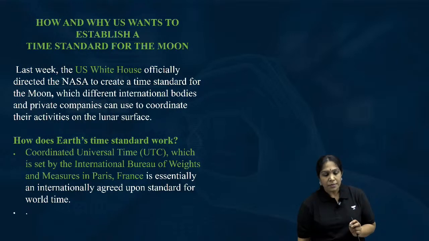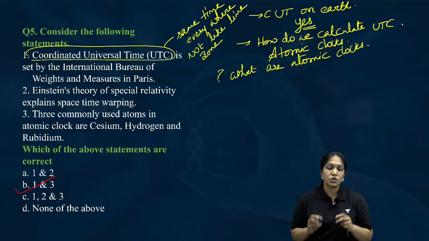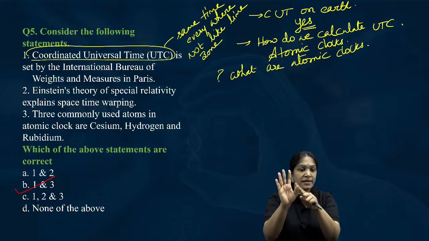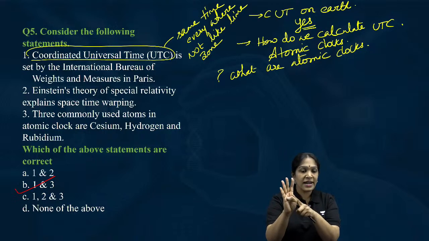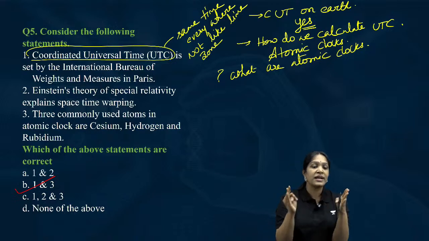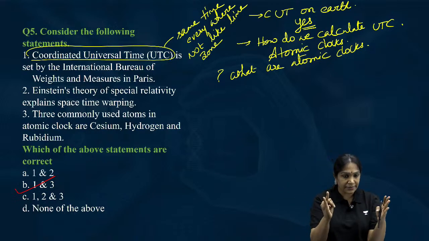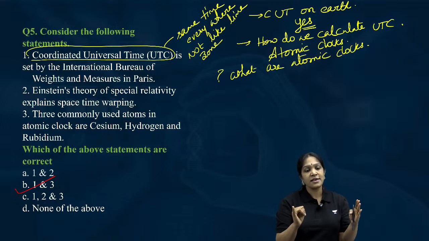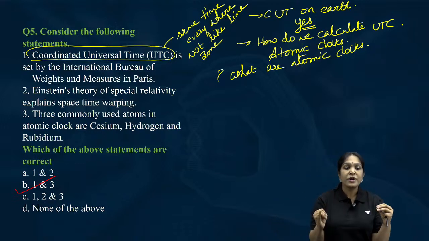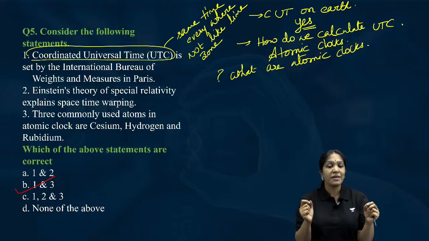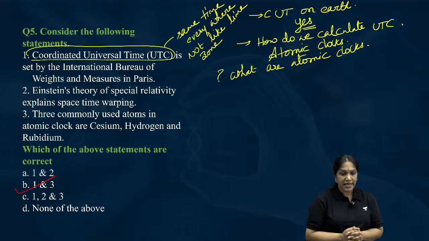Okay, so now moving back to our previous question: do we have a coordinated universal time on the earth? Yes. How do we calculate that? Atomic clocks. What is an atomic clock? When we calculate the time based on the vibrations of the atom. Which atom is used? Cesium atom. 1 second is the time duration in which a cesium atom vibrates approximately 9.2 billion times.